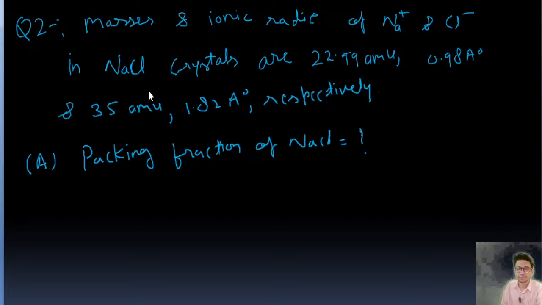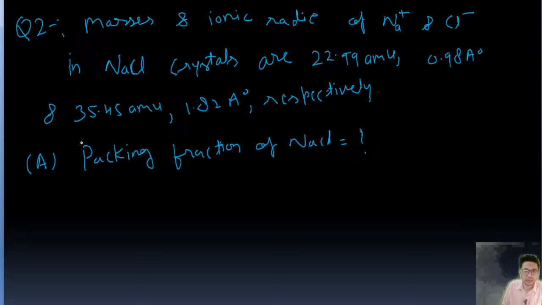So what is given, guys? The question gives masses and ionic radii of Na⁺ and Cl⁻ in NaCl crystal: 22.99 AMU, that is the mass of sodium, and 0.98 angstrom, the radius of sodium, and 35.45 for chlorine, that is the mass, and 1.82 angstrom, that is the radius, respectively. So we need to find the packing fraction of NaCl.